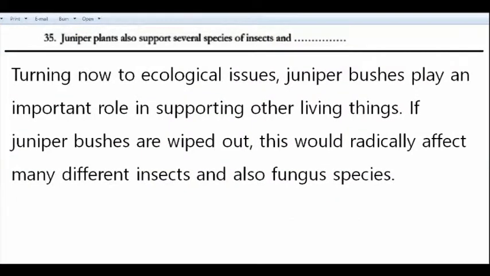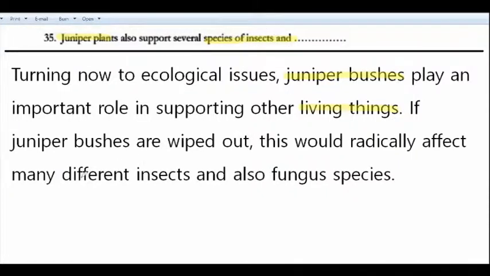Let's turn our attention to number 35. We said before we were looking for juniper plants and several species of insects and something. Insects is a big key word for this one. So I see juniper bushes and I see living things. So living things, when you hear that, we know that number 35 is probably coming due to this keyword of insects.